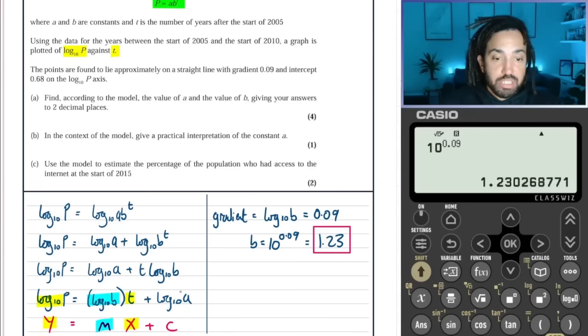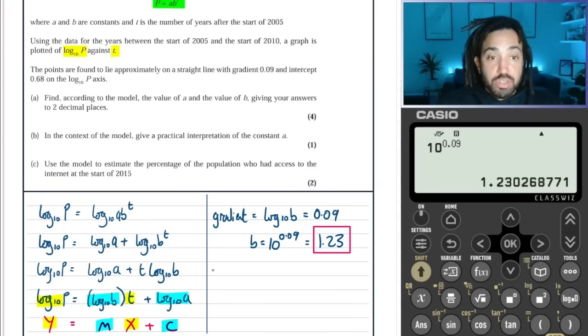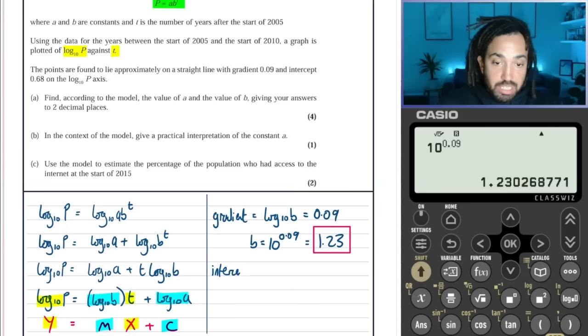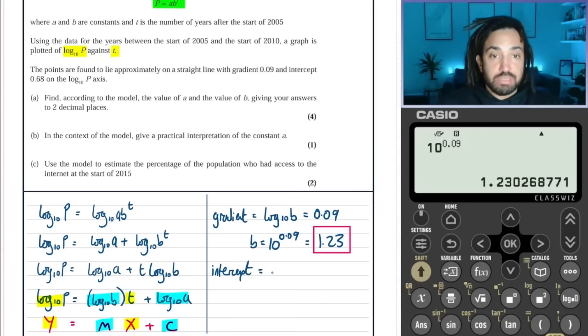And then we can turn our attention to the other constant. Log A is the same as the intercept. So we can say that the intercept, which is equal to log base 10 of A, is also equal to, again from the information, 0.68.